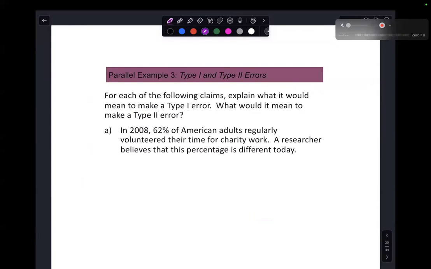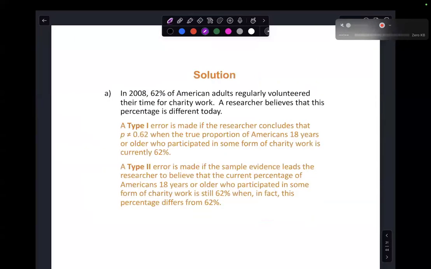So we're going to talk about what a type 1 error would mean and what a type 2 error would mean in these examples. In 2008, 62% of Americans regularly volunteered for charity work. A researcher believes this is different today. So a type 1 error: if the researcher rejects the null hypothesis when the null hypothesis is true, so if they say that the proportion doesn't equal 0.62, but the proportion actually did equal 0.62, that is a type 1 error.